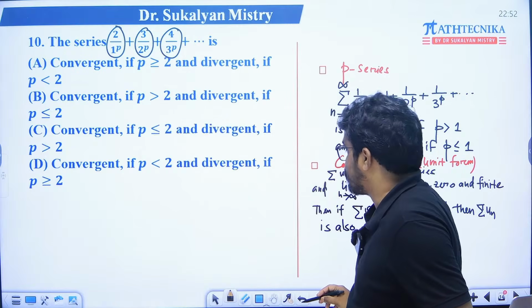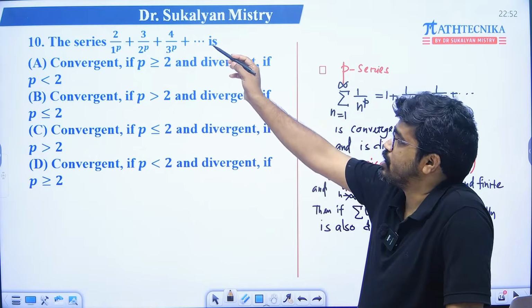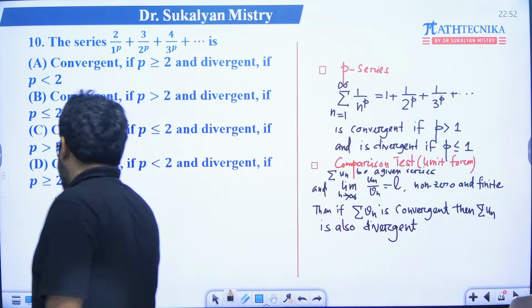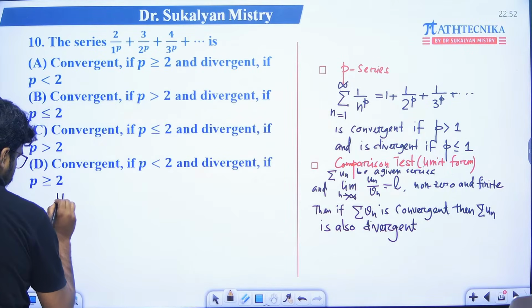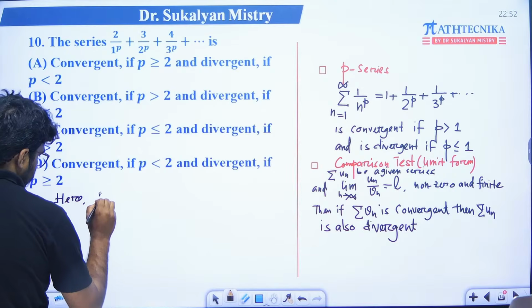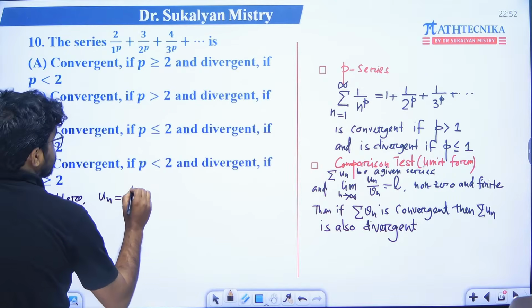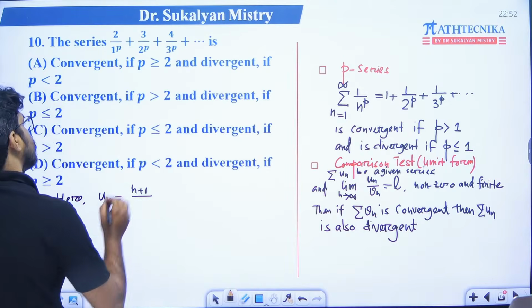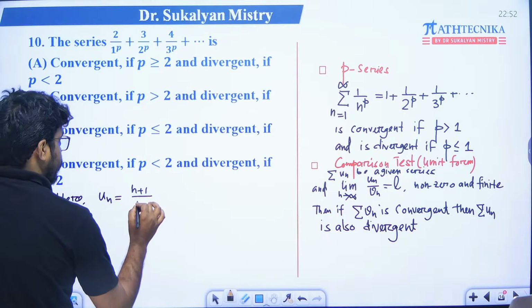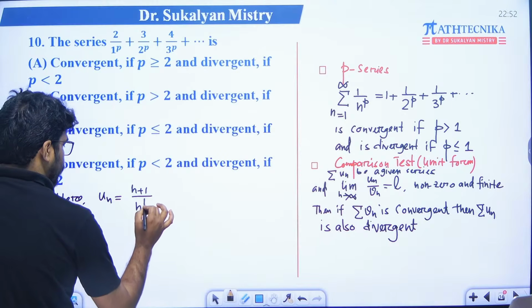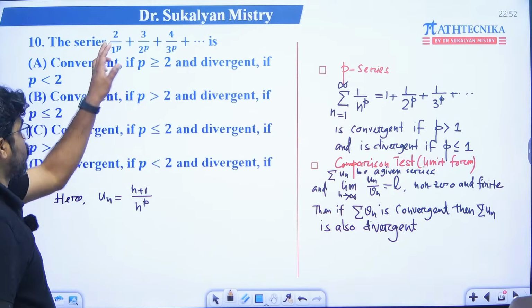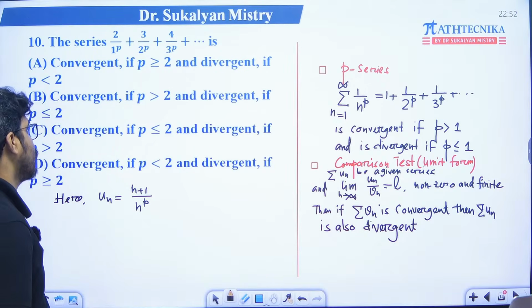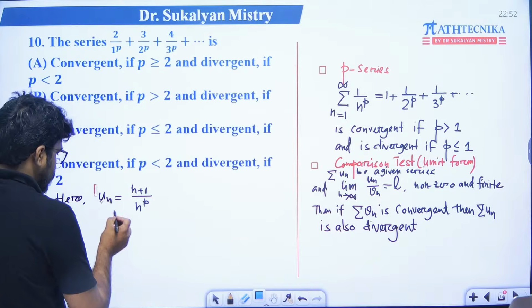So here un is n plus 1 by n to the power p. n is equal to 1 put koro first term, n is equal to 2 put koro second term, right? So this is the nth term of this series.